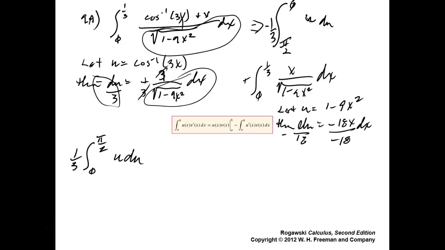Right? Okay. Plus, the integral, making that substitution, let u equal 1 minus 9x squared. When x is equal to 0, what's u?